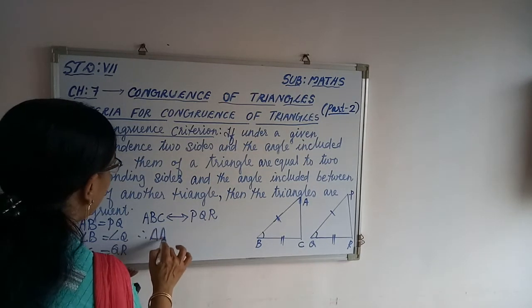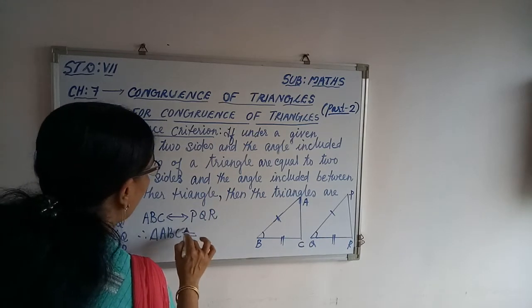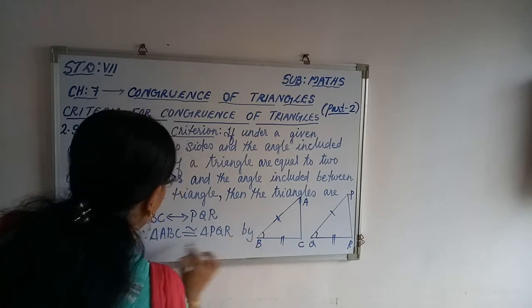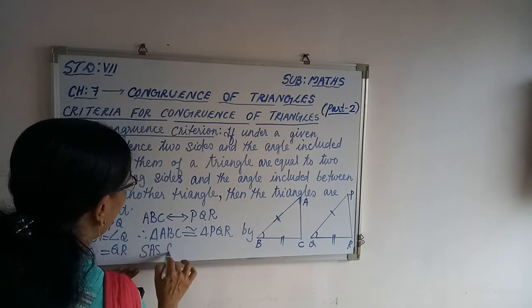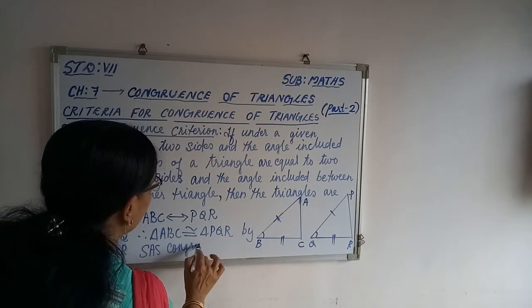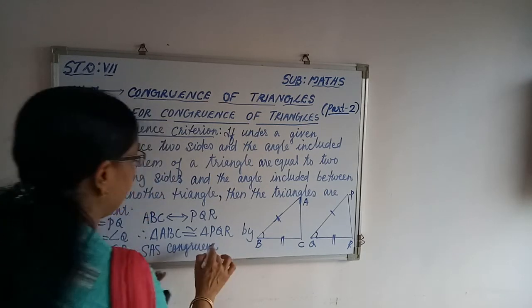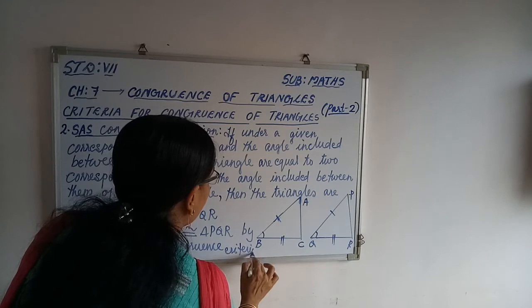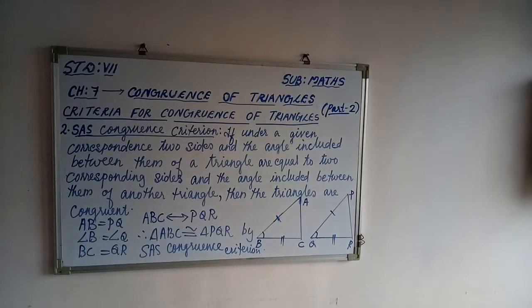Therefore, triangle ABC is congruent to triangle PQR by SAS Congruence Criterion. I hope it's clear to you.